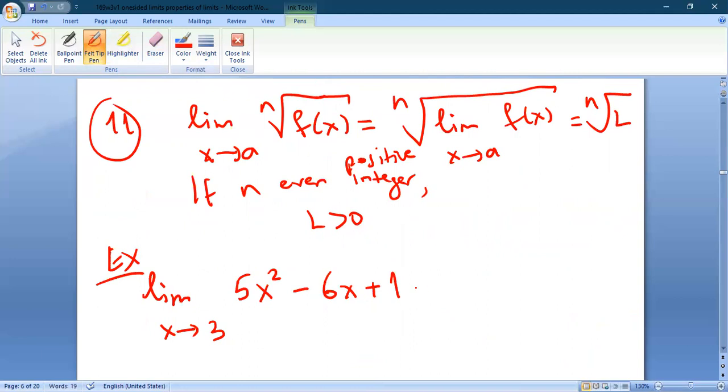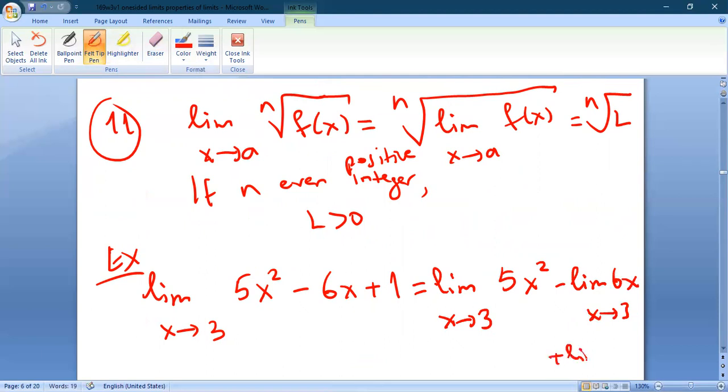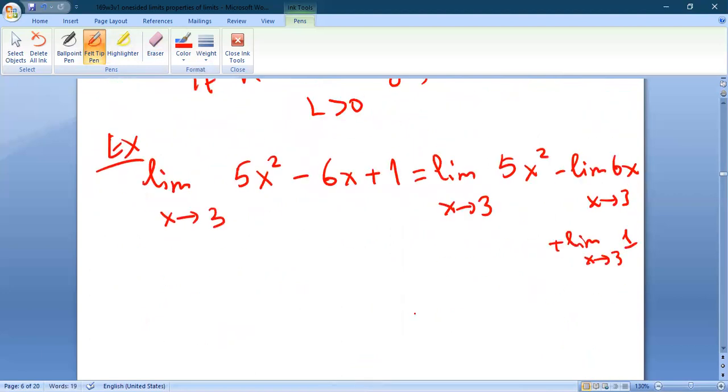Then first we can write each limit separately. But remember, 1 is a constant function, so the limit there will be 1. And you can take that 5 outside, 6 outside, so maybe I should write them too.